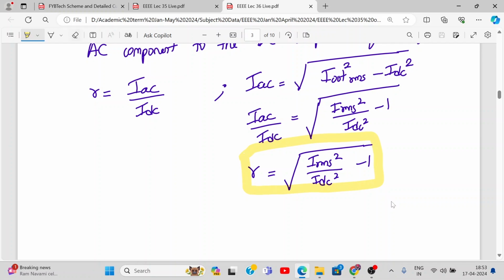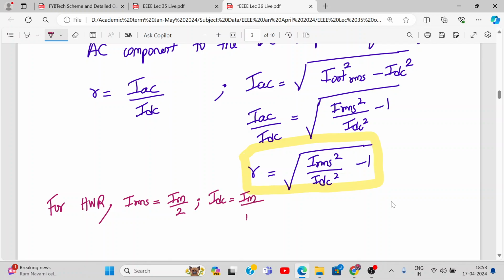Now, for a half wave rectifier, I am writing in short form. For a half wave rectifier with resistive load, what is IRMS? Im by 2, right? And what is IDC? Im by pi.